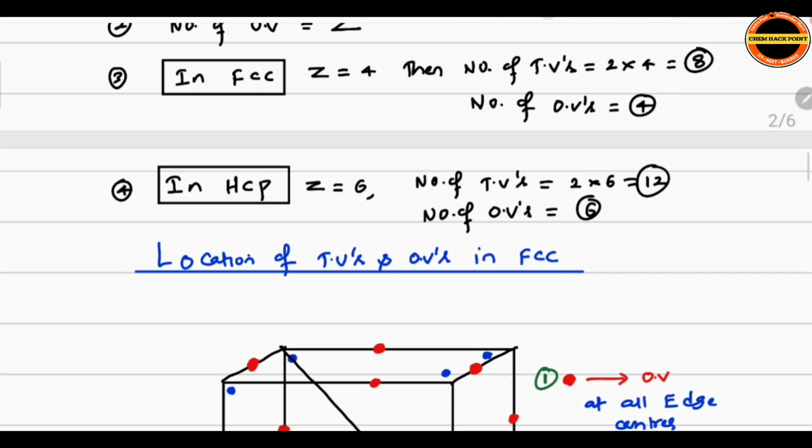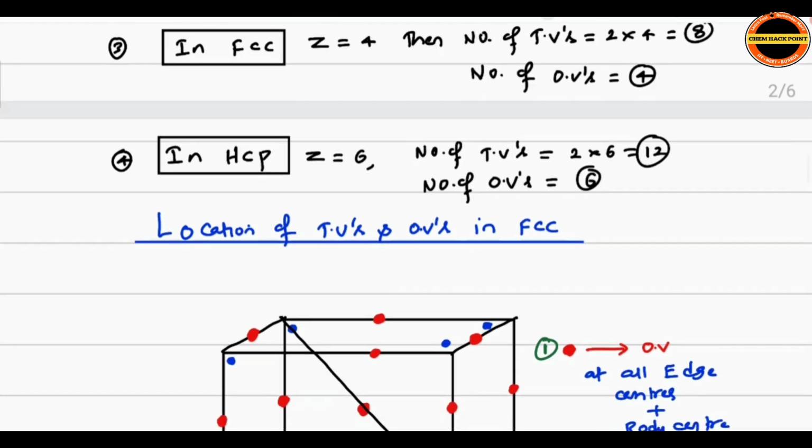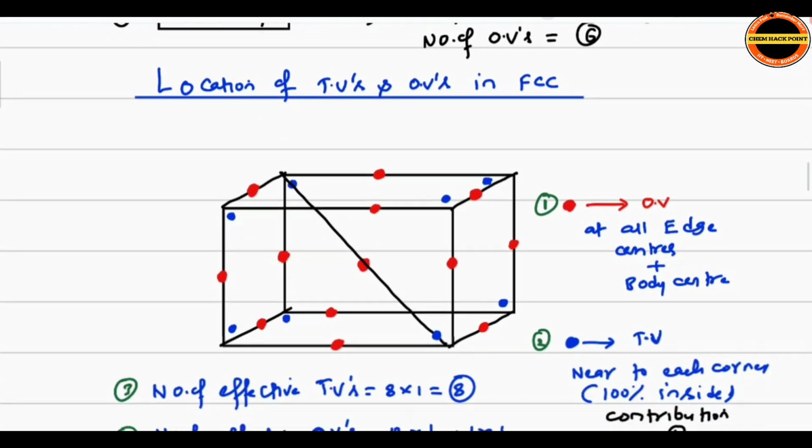Location of tetrahedral voids and octahedral voids in FCC. So, an overall idea about tetrahedral as well as octahedral voids in FCC. Observe it. In this FCC unit cell, all tetrahedral voids are near to the corner. Whatever blue color I showed, these are tetrahedral voids.